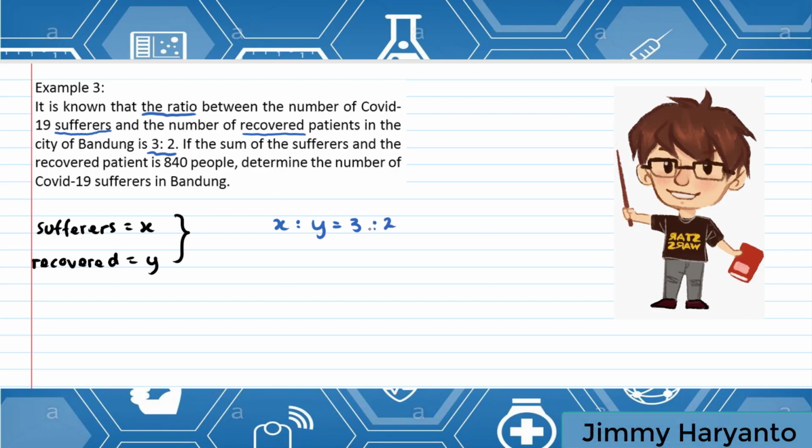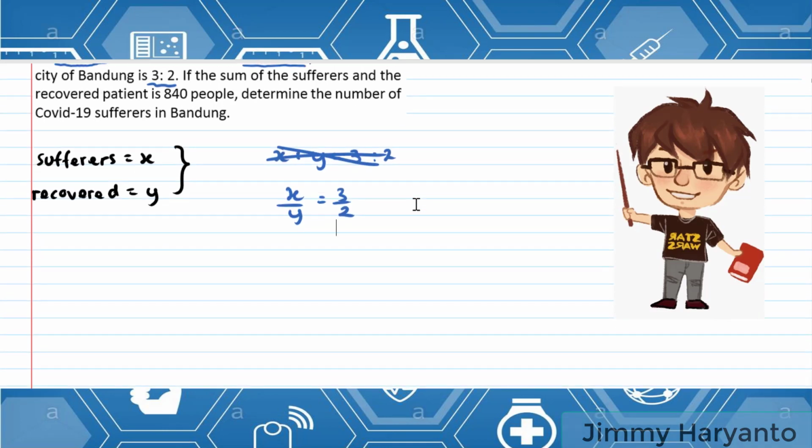But this one is very hard to calculate later, so let's not use this one. I will use x over y equals 3 over 2. We know that a fraction is also a ratio. So I have this one, and then I have to cross multiply it. So I will get 2x equals 3y, and then x equals 3 over 2 y.